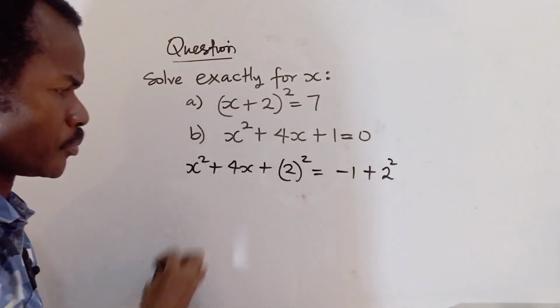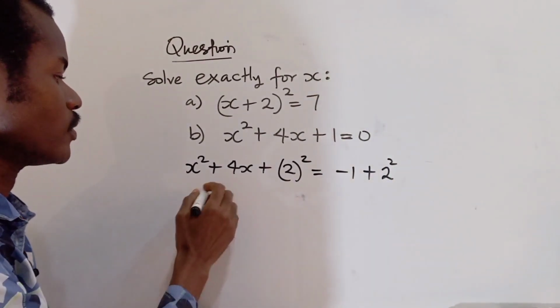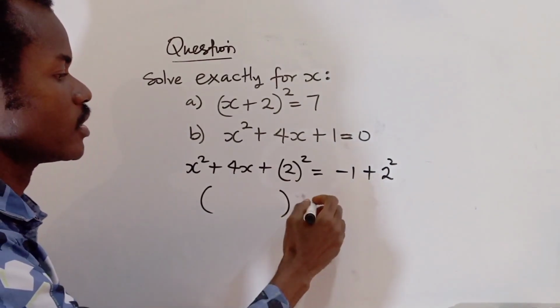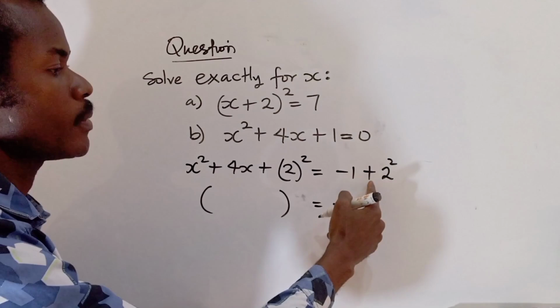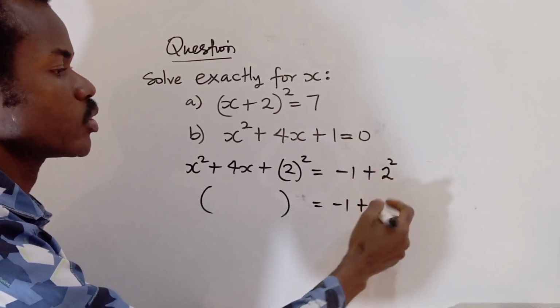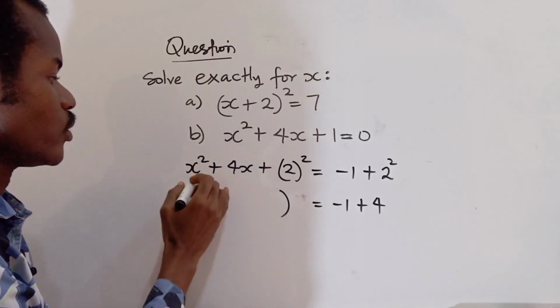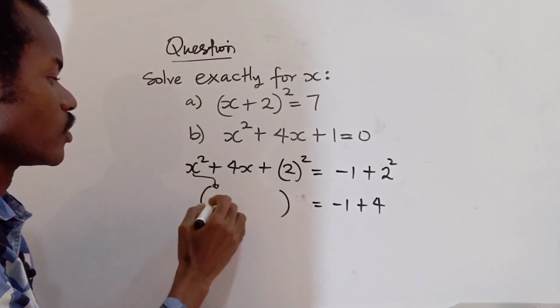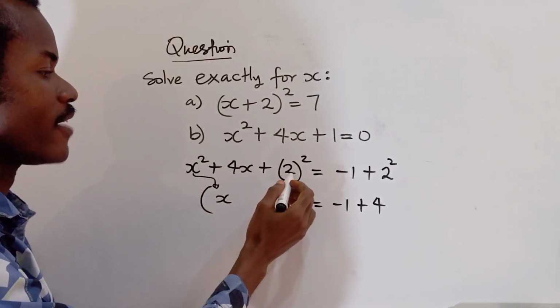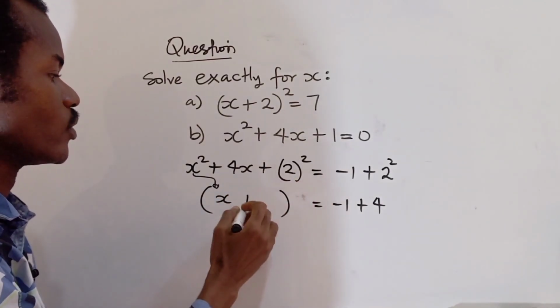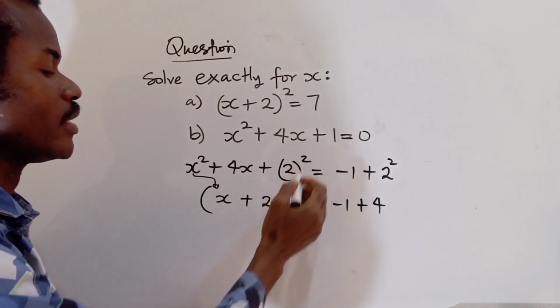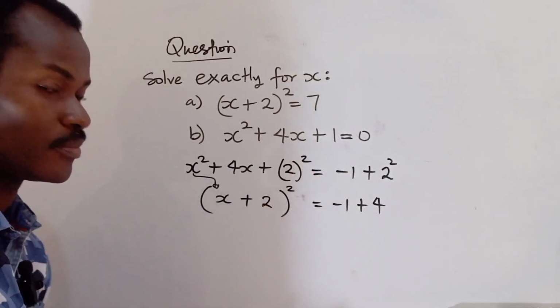Now with this, we can open a bracket here, which is equals to minus 1 plus 2 squared, which means 2 times 2, which is 4. Now in this bracket, you're going to bring x, and we have plus 2 here, so you bring the plus 2, then you bring a square here.